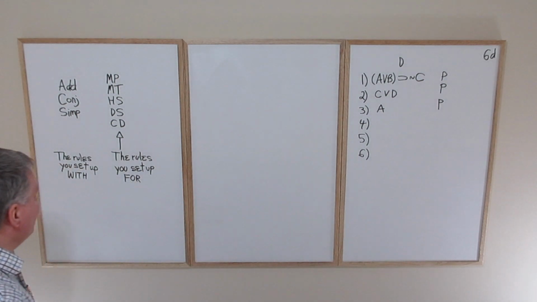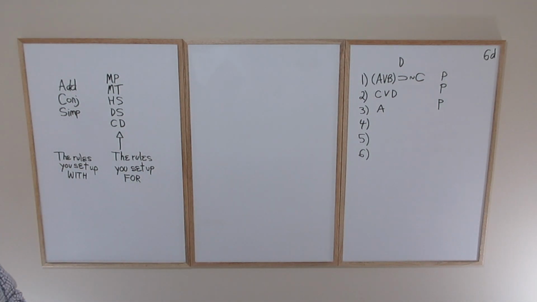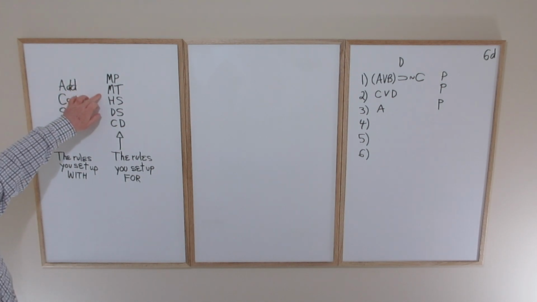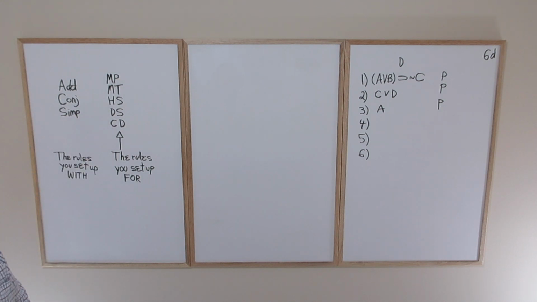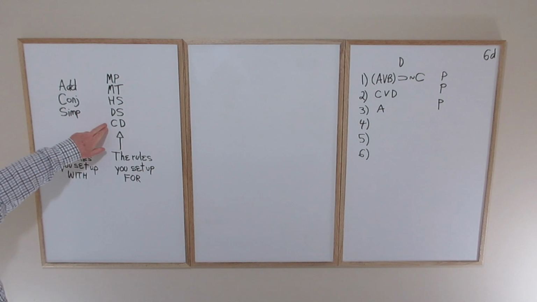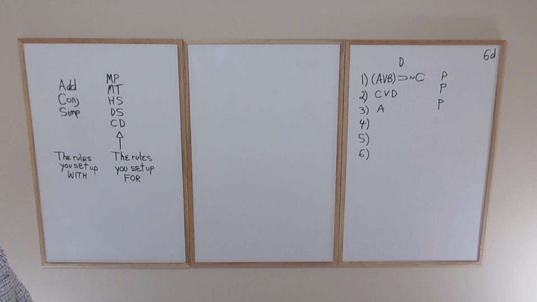As far as the 8 rules go, there are 2 one-line rules, addition and simplification. There are 5 two-line rules, conjunction, modus ponens, modus tollens, hypothetical syllogism, and disjunctive syllogism. And then there's the elusive 3-line rule, constructive dilemma.